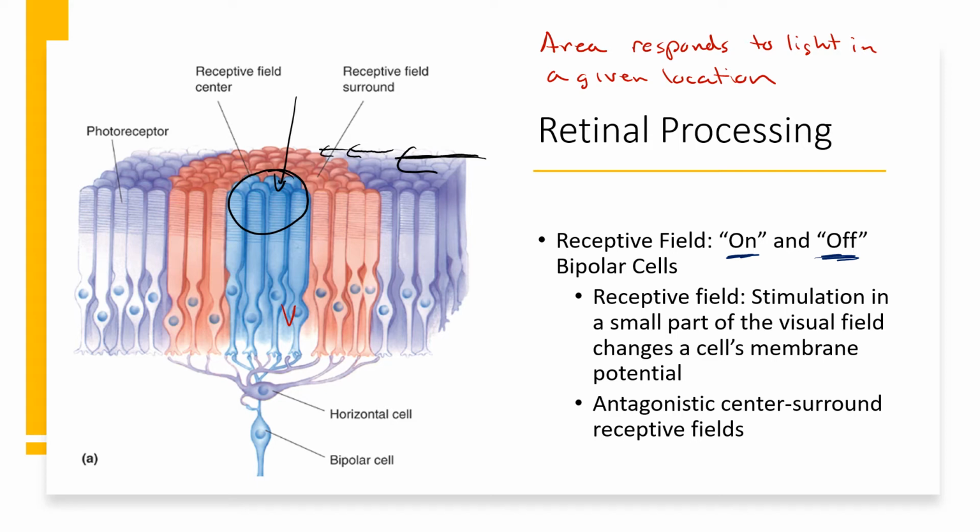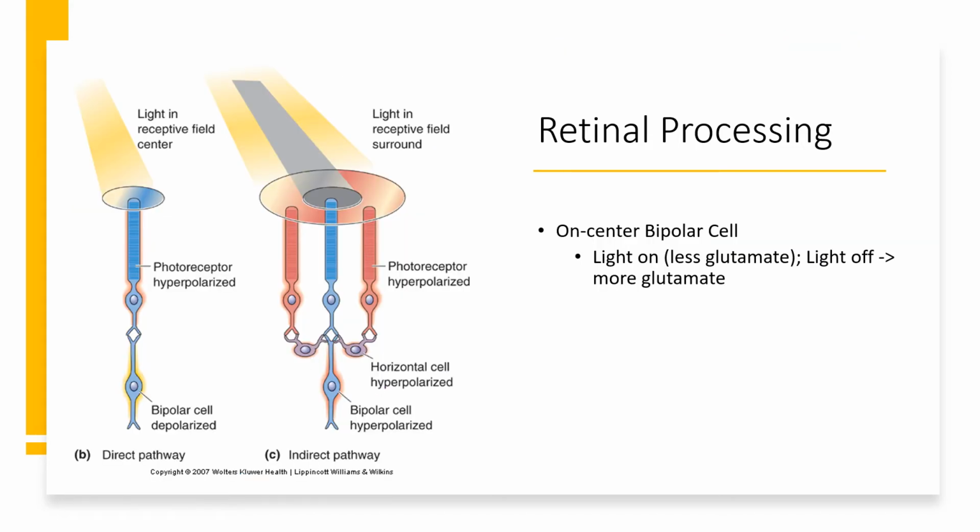But now all of a sudden it gets blocked by this new object, and that's going to reduce the amount of excitation onto this bipolar cell. And this is pretty consistent throughout the retina, and you'll see that in a little bit.